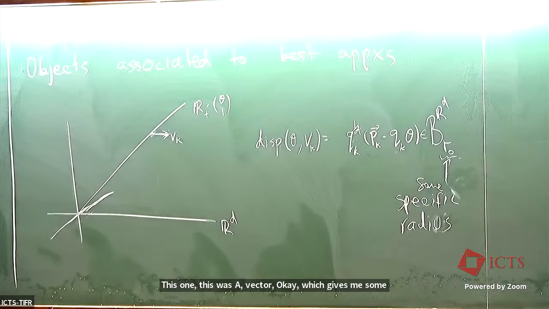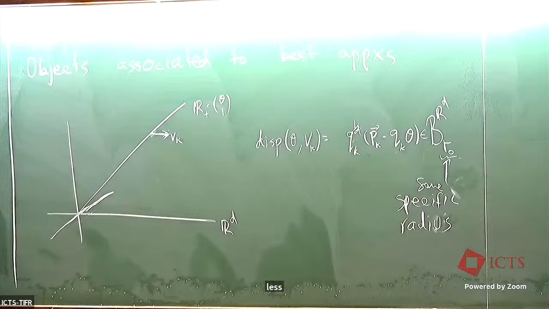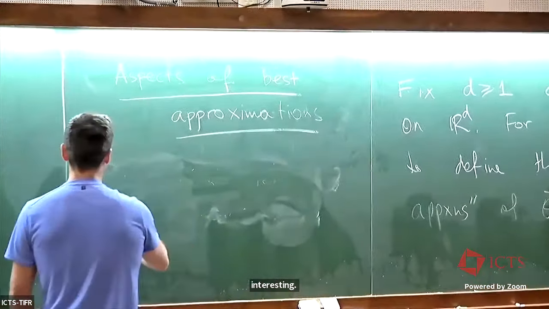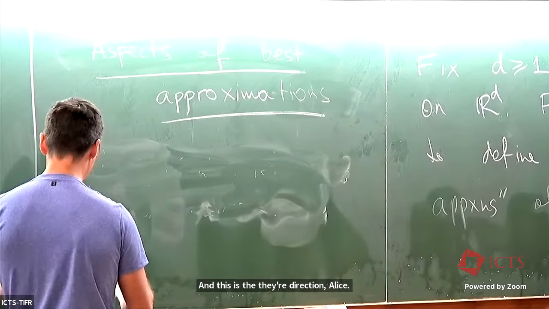Now I want to attach a certain less trivial geometric object, but I find it very interesting, and this is the directional lattice. Along the way, I'll explain the notation.